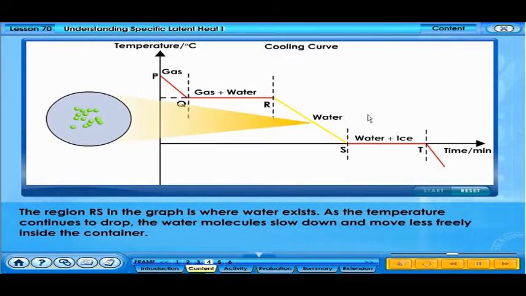The region RS in the graph is where water exists. As the temperature continues to drop, the water molecules slow down and move less freely inside the container.